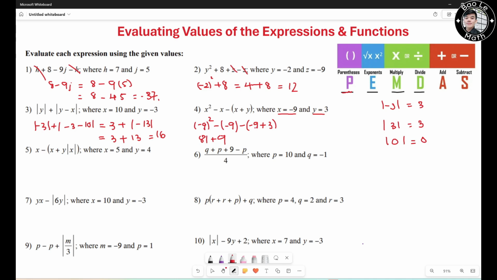Now for this one, we need to deal with the parentheses first. Negative 9 plus 3 is negative 6. So minus negative 6. 81 plus 9 is 90. Two negative signs next to each other turn out to be positive, so it's plus 6. 90 plus 6 is 96.